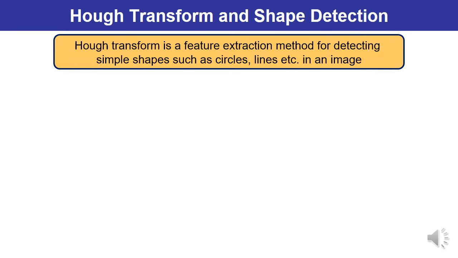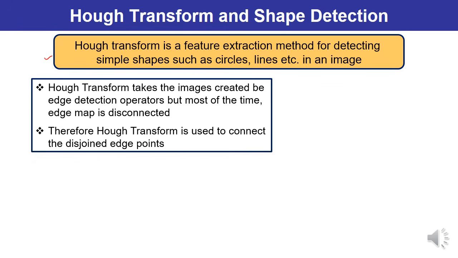Hough transform is a feature extraction method, commonly used to detect simple shapes like lines, circles, etc. in any image. So what is the objective over here? The Hough transform takes the images created by the edge detection operators, but most of the time we can observe that the edge map is disconnected.